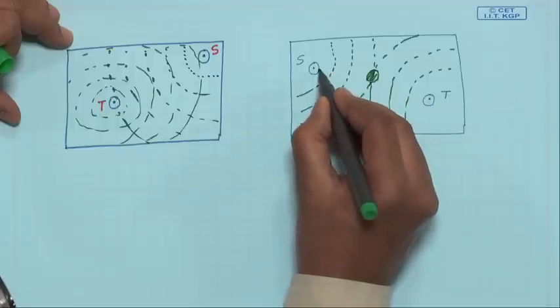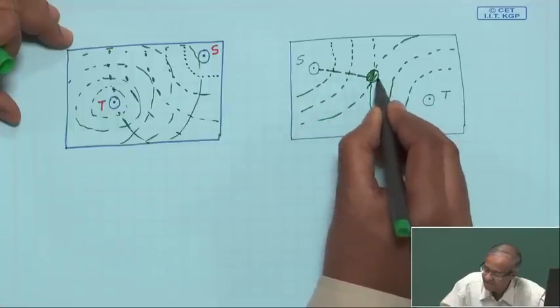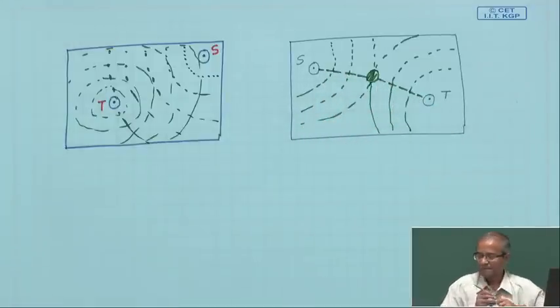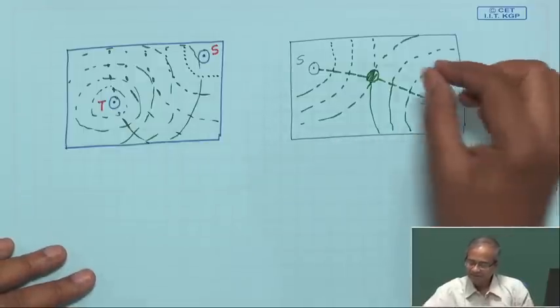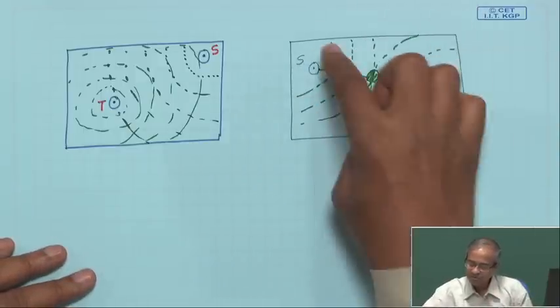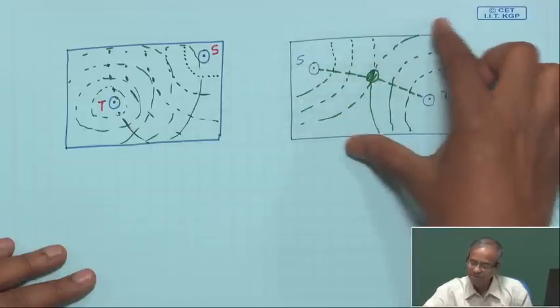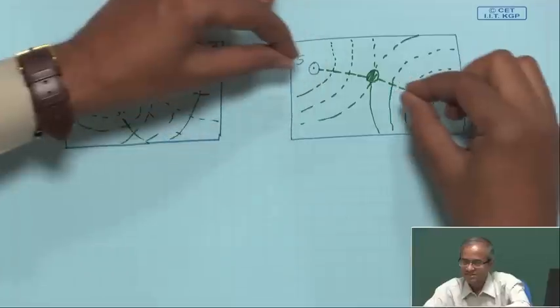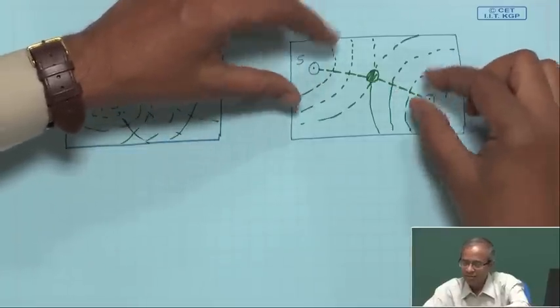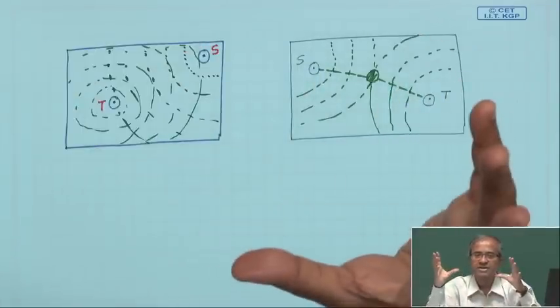So, you get a path. Here the intuitive idea is that if you start only from one position, the wavefronts are expected to spread in all directions, but if you start from both directions, then you are not allowing the wavefront to expand in all directions. Before that, they are touching each other.